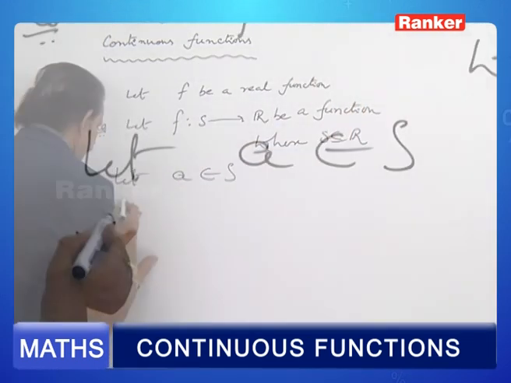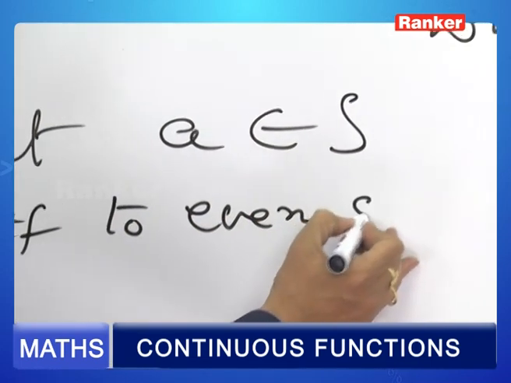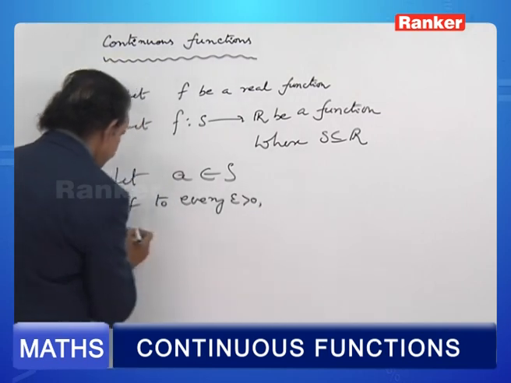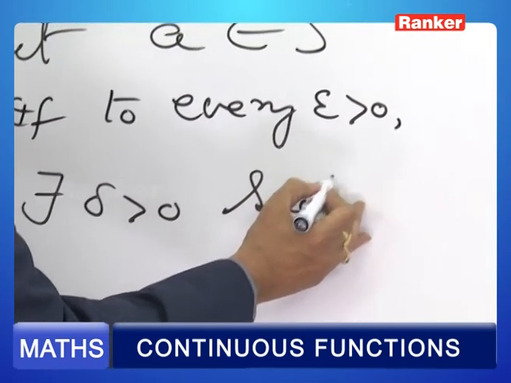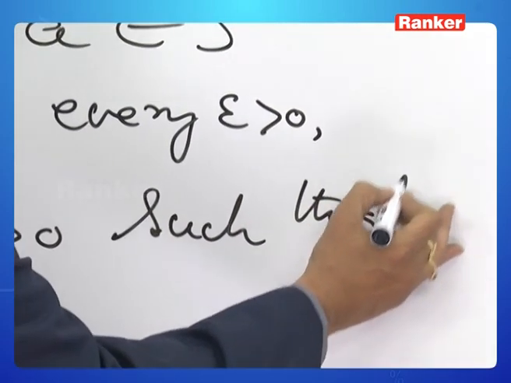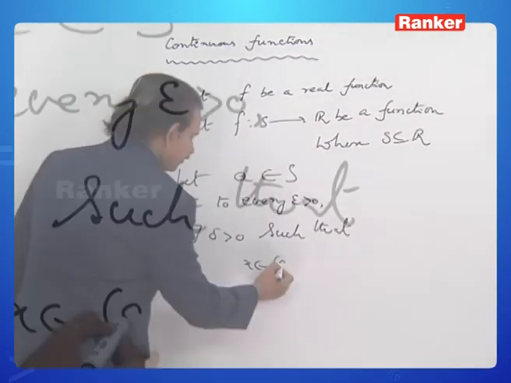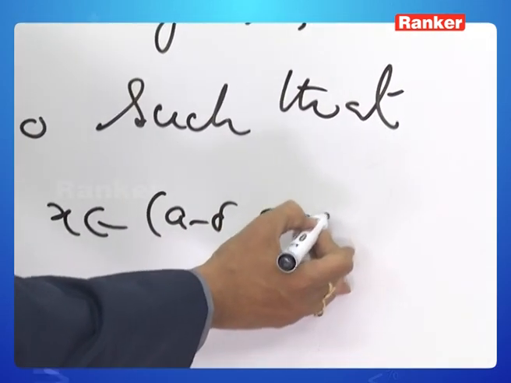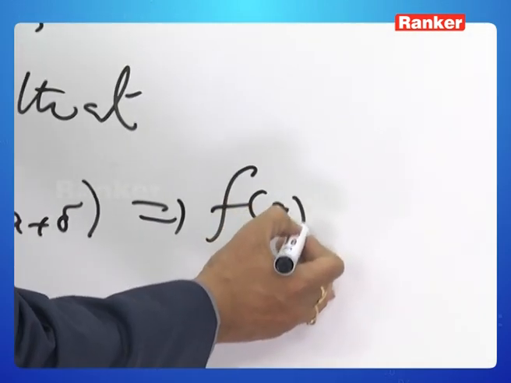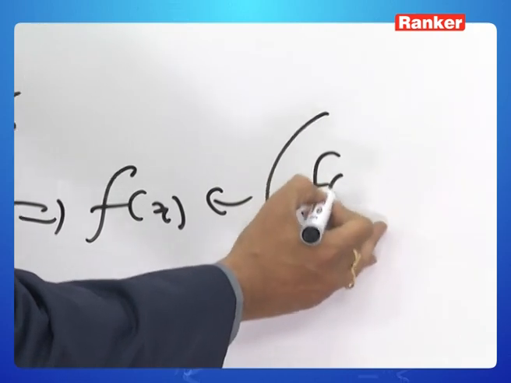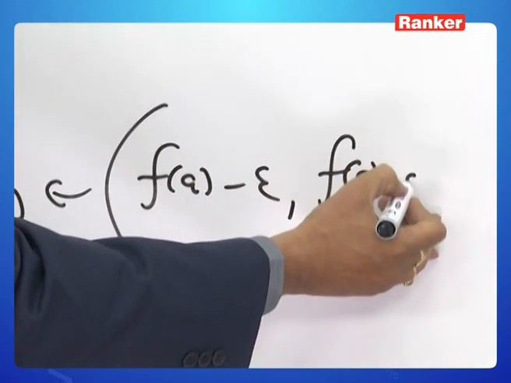If to every epsilon greater than 0, there exists delta greater than 0 such that x belongs to (A minus delta, A plus delta) implies f of x belongs to the open interval (f of A minus epsilon, f of A plus epsilon).